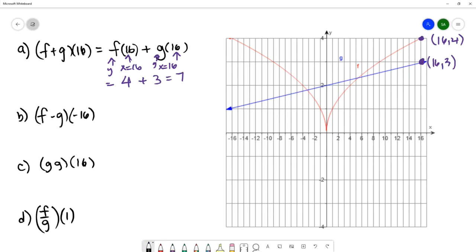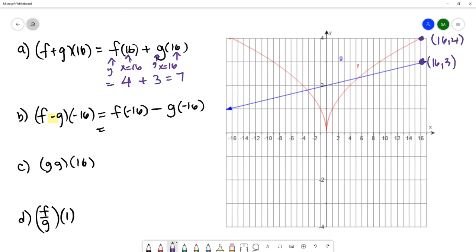So let's continue on to the next part. We have f minus g of -16. And I'm going to evaluate f at -16, evaluate g at -16, and then subtract the answers. I'm subtracting the answers because of the subtraction in my function notation.